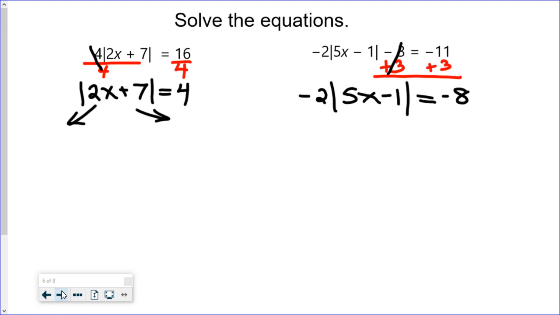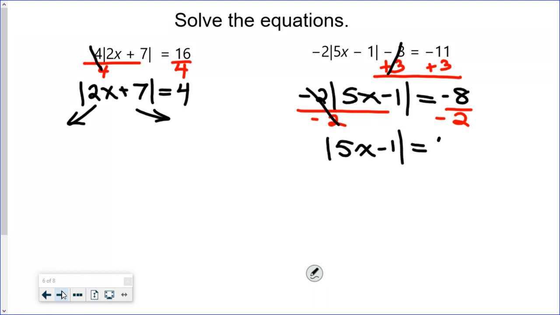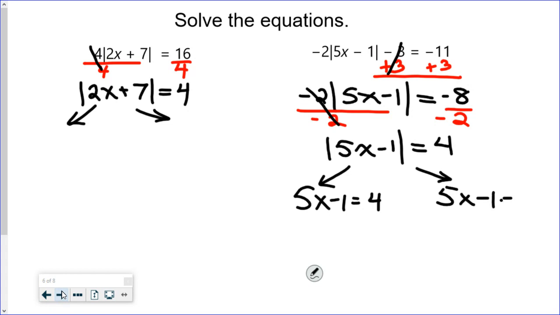Negative 8. It's a negative, but we didn't finish yet. Now I have to divide by a negative 2. So that gives me a negative divided by a negative, which is a positive. So now I write two equations. 5x minus 1 equals 4, and 5x minus 1 equals negative 4. And we do it over and over and over. That's the different part today.